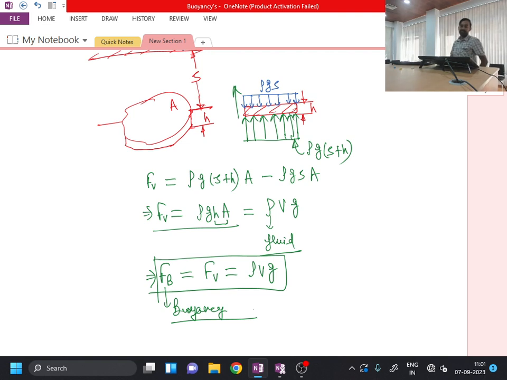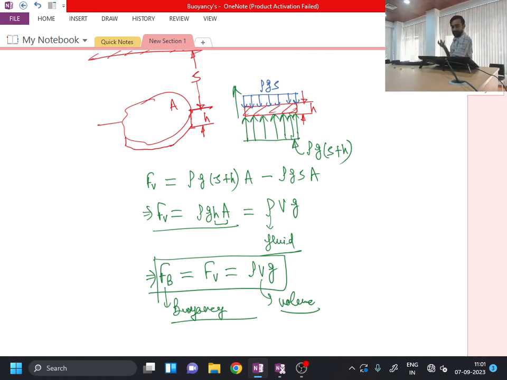The magnitude of that upward force is rho V times g, where V is the volume of the body, rho is the density of the fluid, and g is gravitational acceleration. So the vertical upward force acting on the body depends only on the volume of the body, because the density of the fluid comes into the picture. It does not depend upon the density of the body.